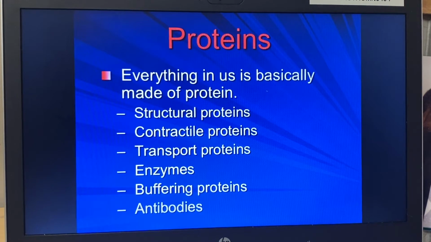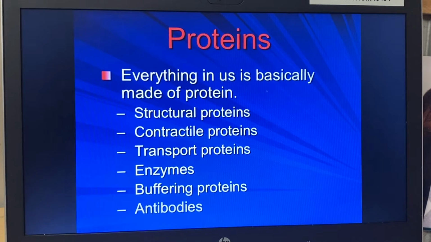We have structural proteins. I mean, even when you look at cells, your cells actually have a little tiny skeleton. We call it the cytoskeleton, and that's made up of proteins. Anytime your cells contract, like for example, in muscle fibers, you have contractile proteins. A lot of molecules in your cells that are important to physiology are kind of big babies, like hormones and things like that.